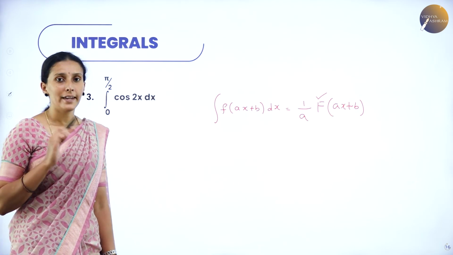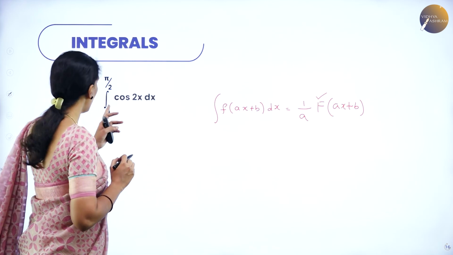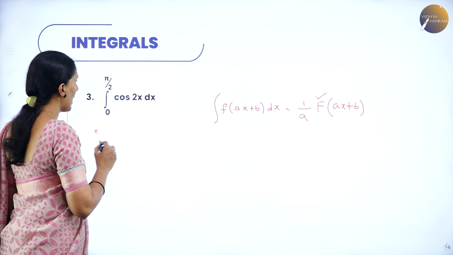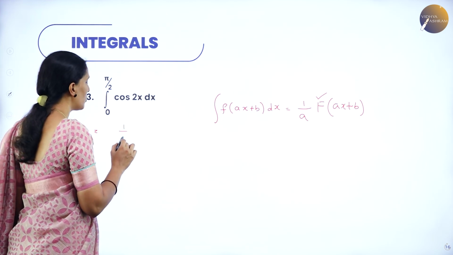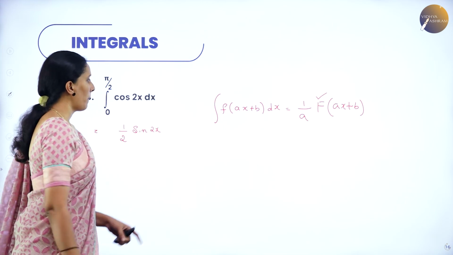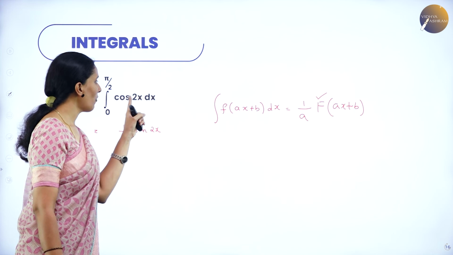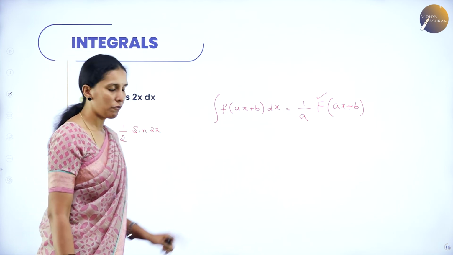Now, what is the integral value of cos x? So cos x is sin x. So therefore here I can write this as 1 by 2 times sin 2x, because the antiderivative of cos is sin, and since this is in the form of ax plus b, I have to write 1 by a here.